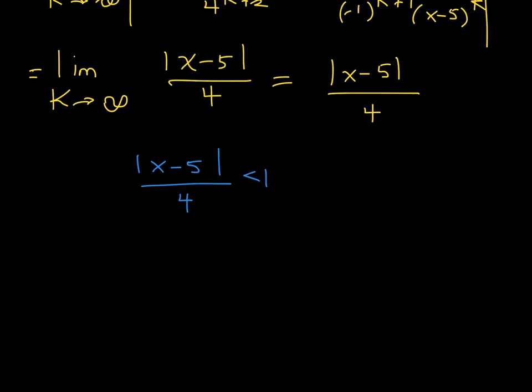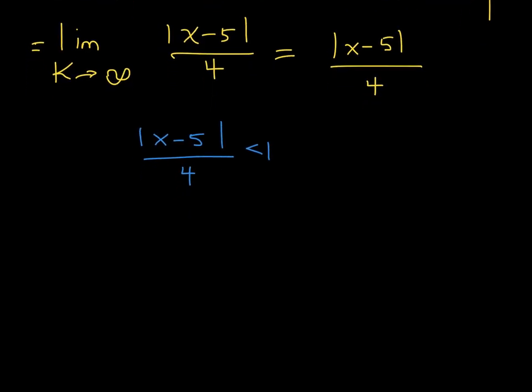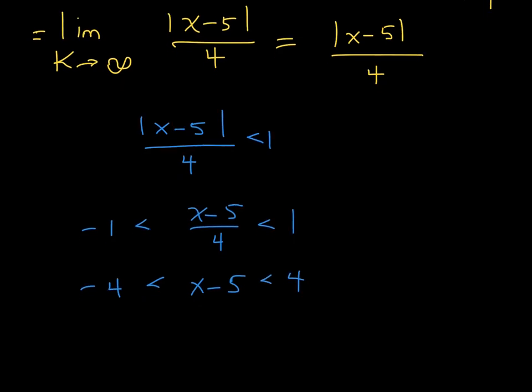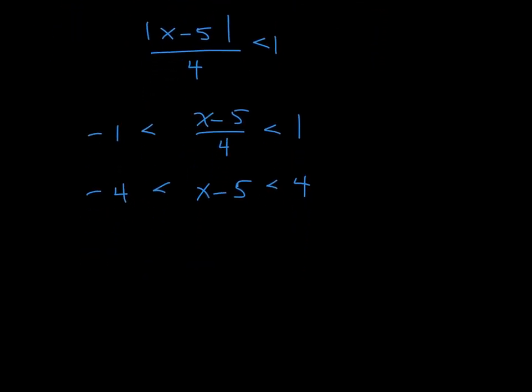That's equivalent to saying that negative 1 is less than x minus 5 over 4, which is less than 1, which is negative 4 is less than x minus 5, which is less than 4. I multiplied by 4, and adding 5 gives me my interval of convergence being between 1 and 9. So my interval of convergence is 1 to 9.